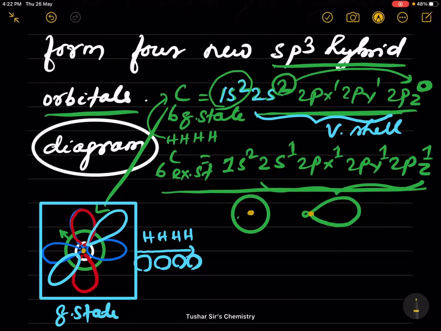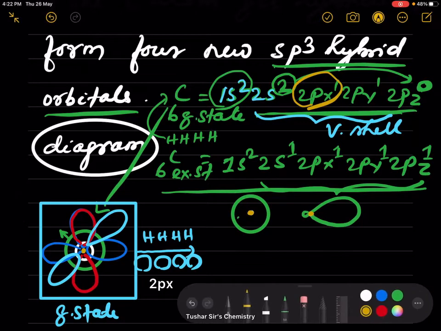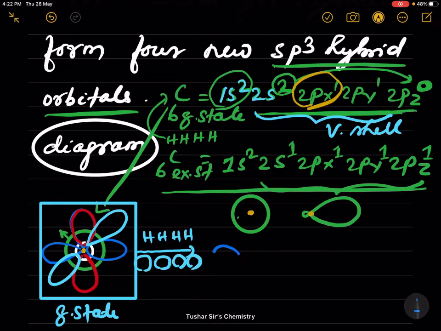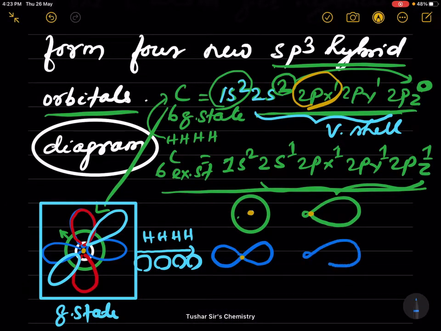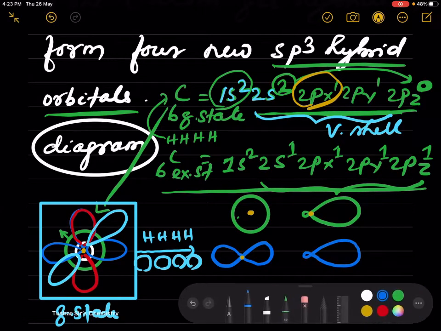Then 2px, with the nucleus at the center, becomes like this.